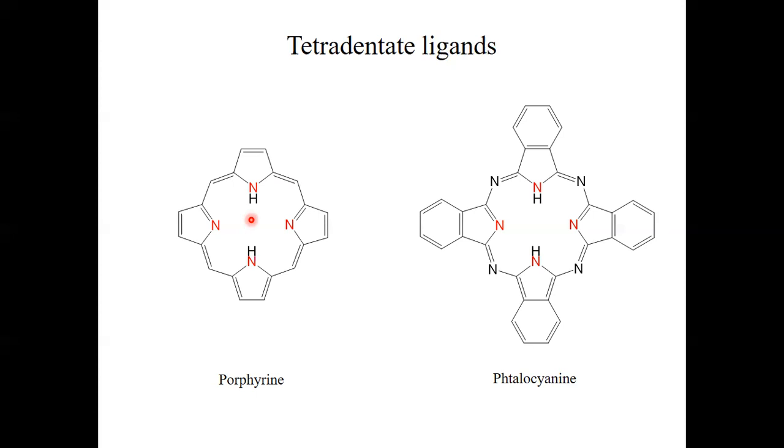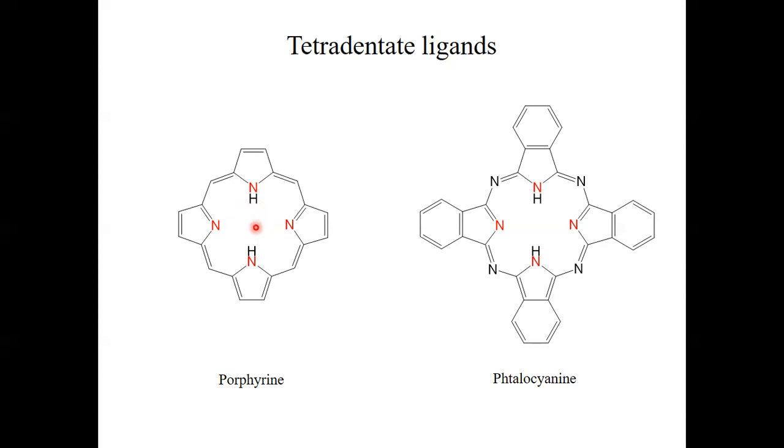And in hemoglobin, what is in the center of the porphyrin unit? Sorry? Iron, correct. Yeah. And oxygen can bind to that iron in that porphyrin unit, and this way oxygen is being transported in the blood to the cells.